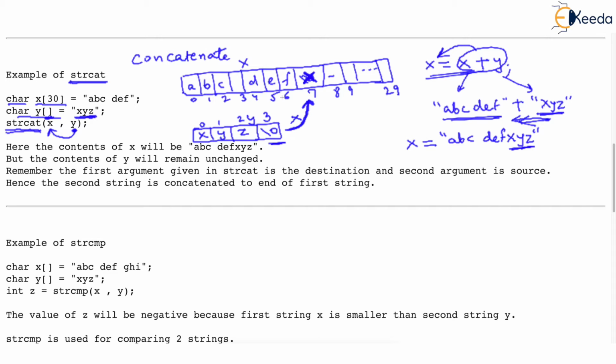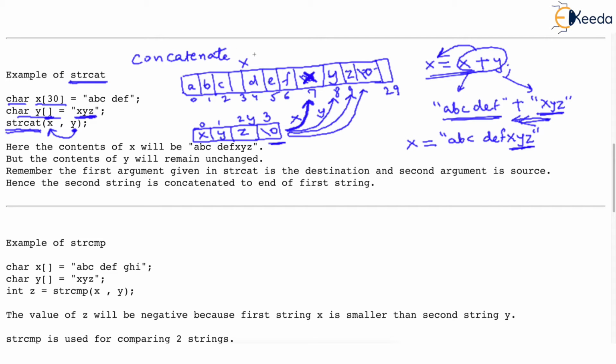It is because \0 is the end of that string, the end of X, and we said that Y will be concatenated at the end of X. So X goes and sits at the place where \0 is. Then the next letter Y will take the next place over here. And the next letter Z will take the next place over here. And then the last letter, \0, will take the next place here.